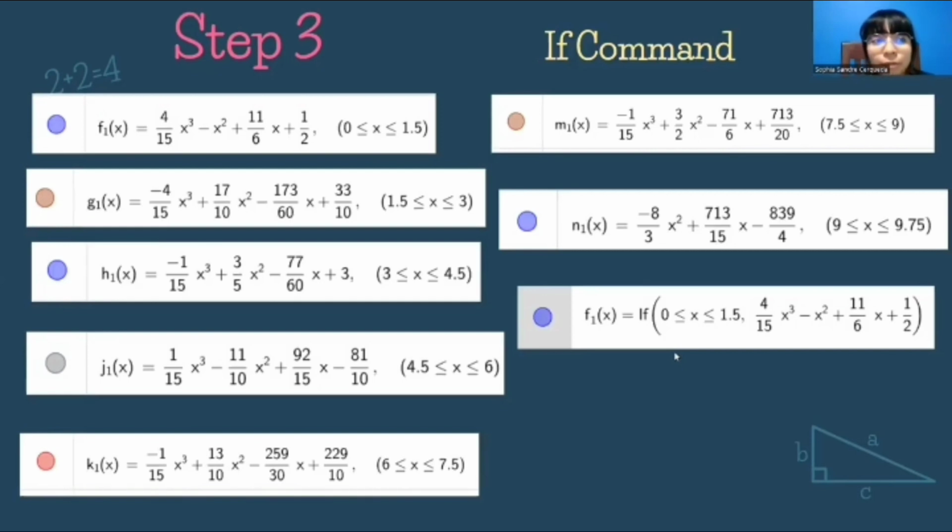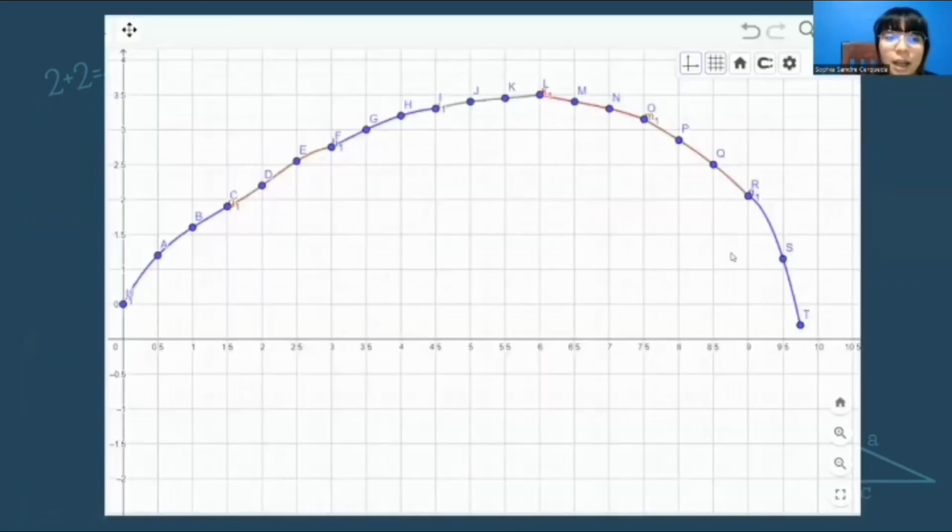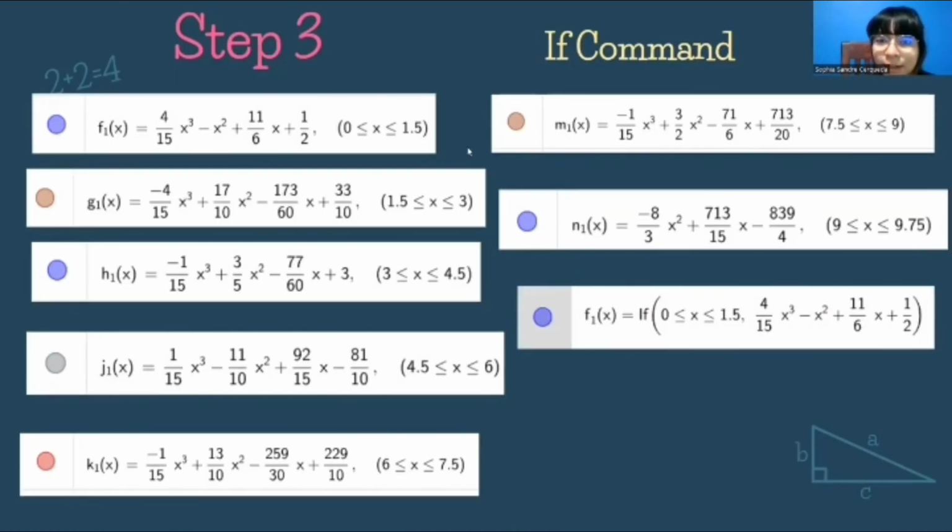Between parentheses, first we write the specific coordinates that we want to use, that is the specific segment also. And then we write the function. But the function, as I already said, has to be written with fractions, not decimals, in order to get more specific results. And this is how it has to look before doing the If command in each function.